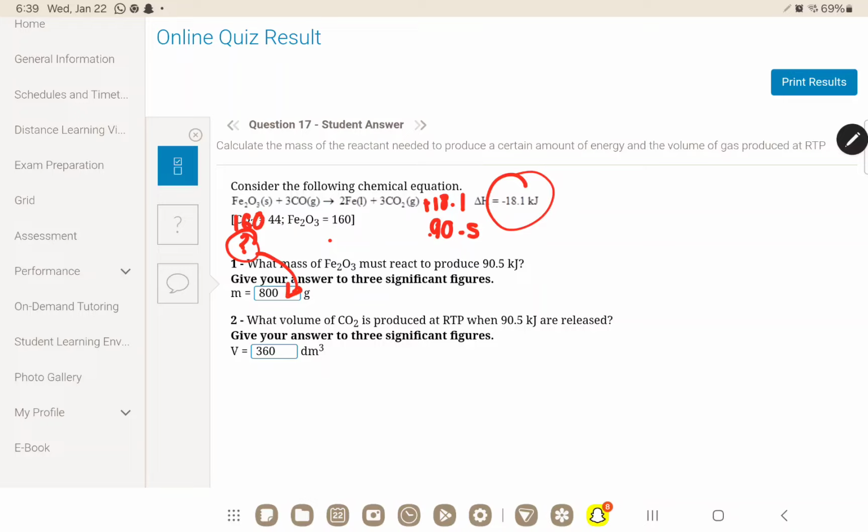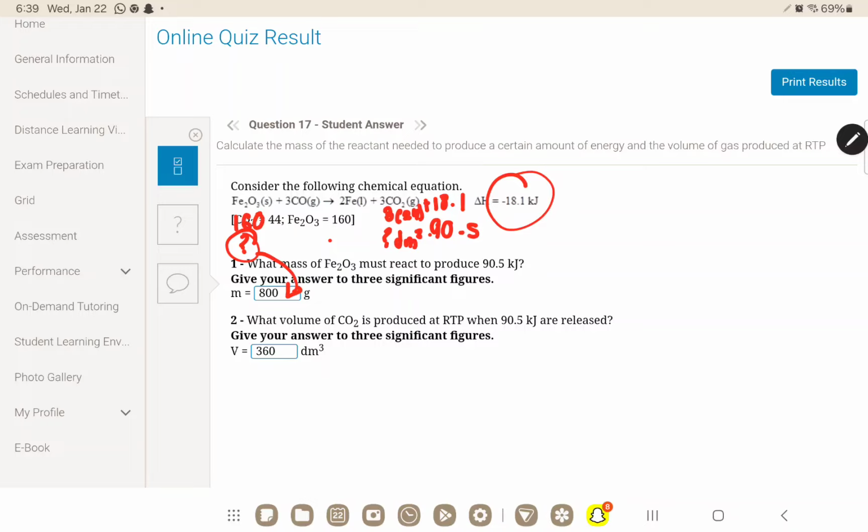Now, what volume of CO2 is produced at RTP when 90.5 kilojoules are released? So now we need how much is the volume of CO2 at RTP? So what decimeter cubed? So 3 times RTP, which is 24, is what we're gonna use. So 90.5 times 3 times 24 is gonna give us 4,344. Divide that by 18.1. You're gonna get a wrong answer.